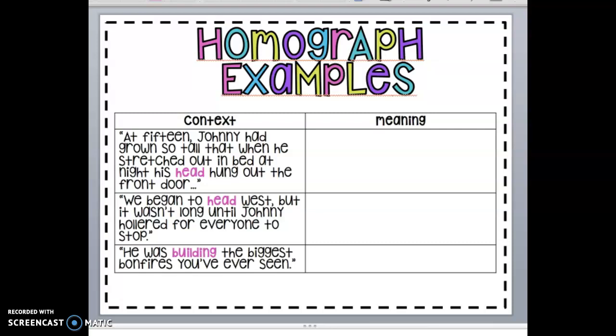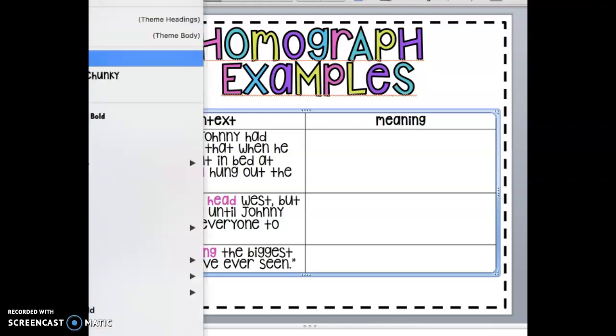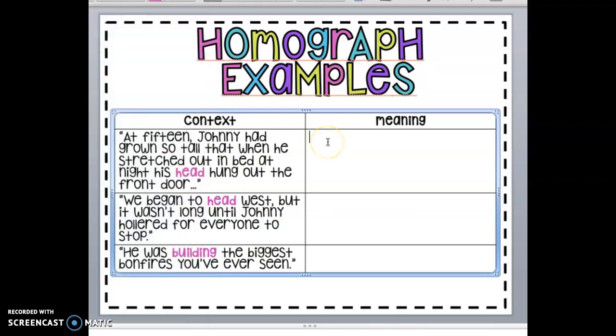All right, I'm hoping that you noticed the word tall that is in there, the word stretched, and you put that picture in your head, and you were able to tell that the actual meaning of the homograph head means the actual, physical part of one's body.